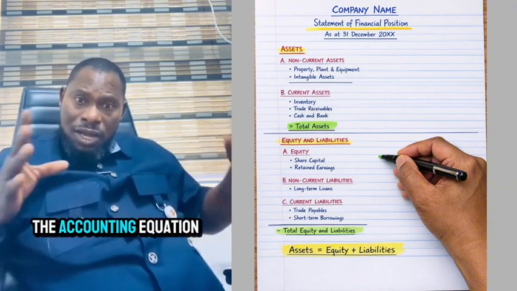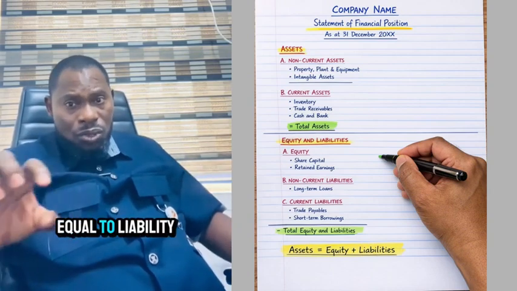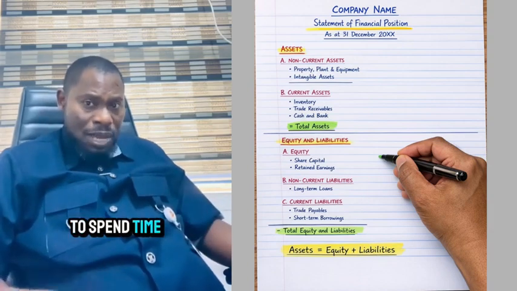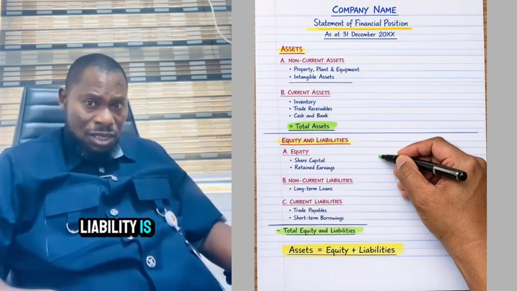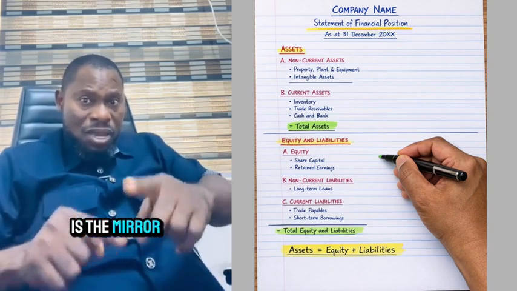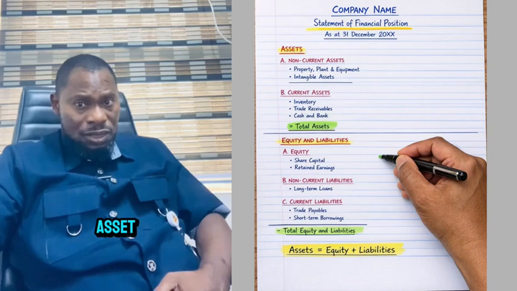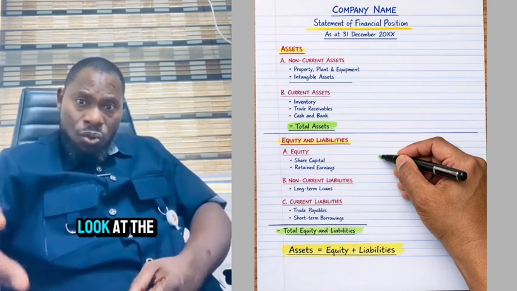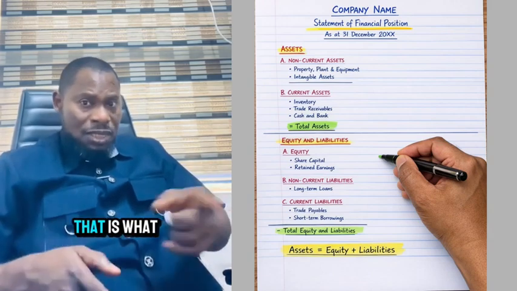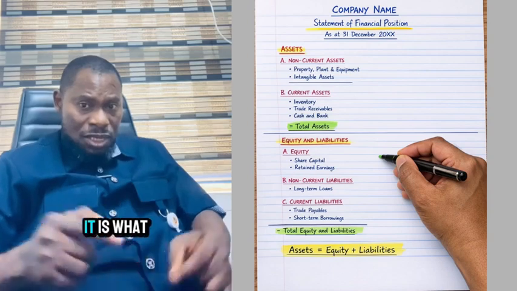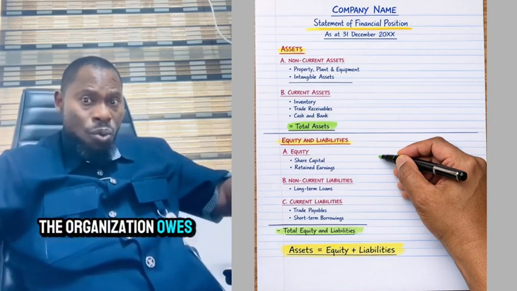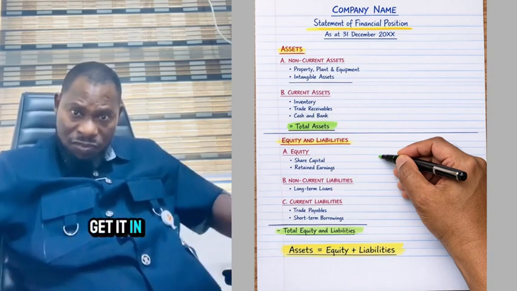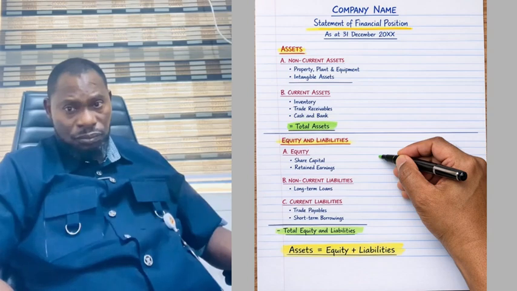So we say the accounting equation says asset is equal to liability plus equity. Now, liabilities, I'm not going to spend time explaining what a liability is, because the liability is the mirror opposite of an asset. So if you know an asset, the way I explained it, look at the mirror opposite. That is what a liability is. It is what the organization owes, but not just that. Look at the mirror opposite and get it in full the way I explained it.